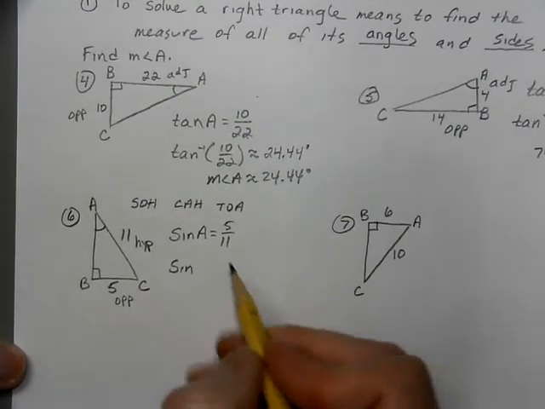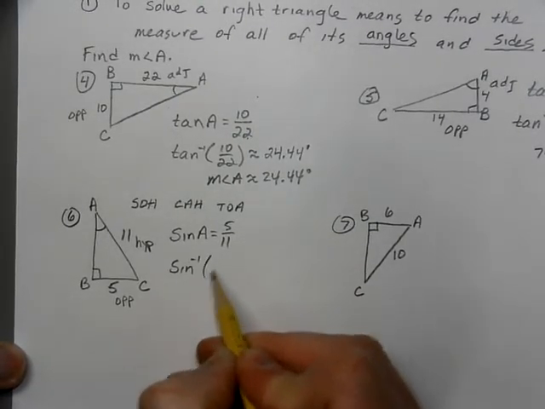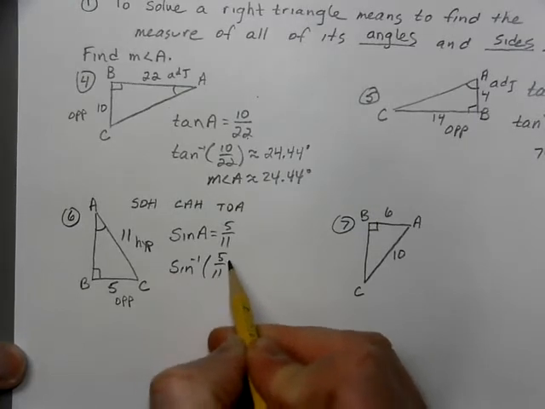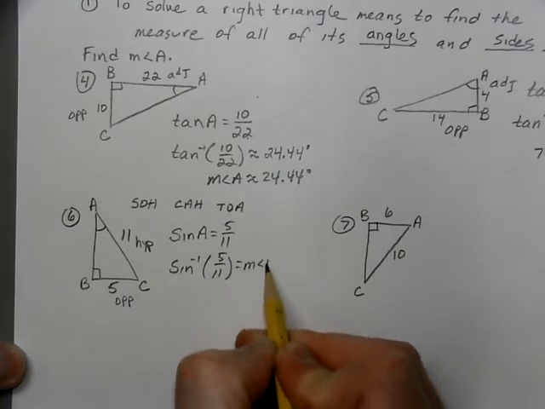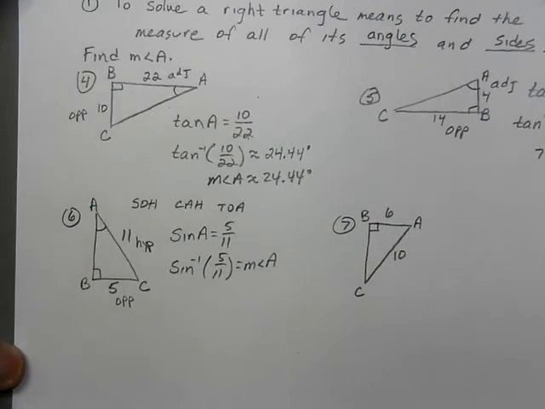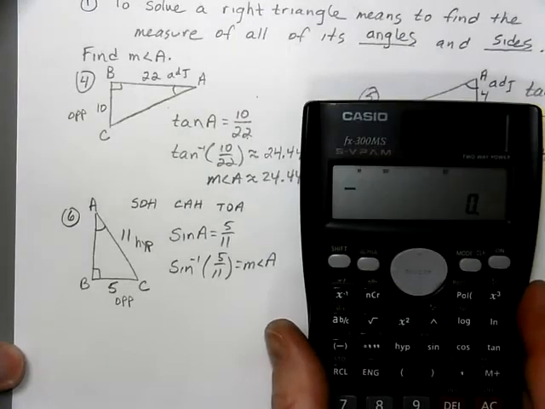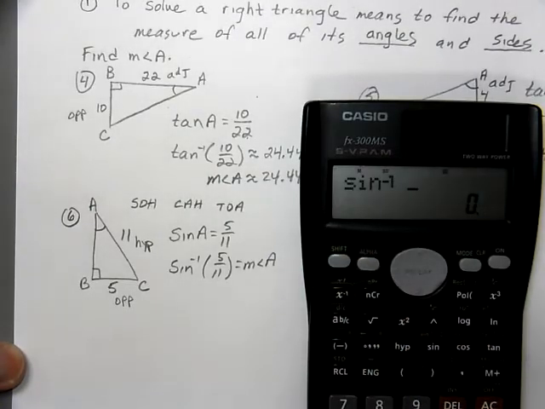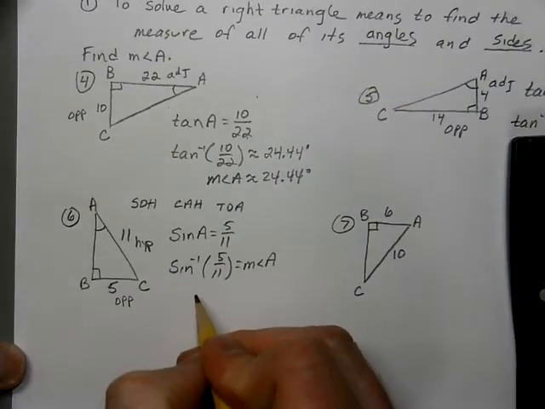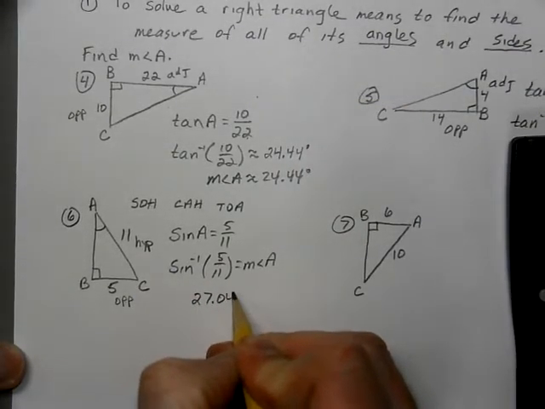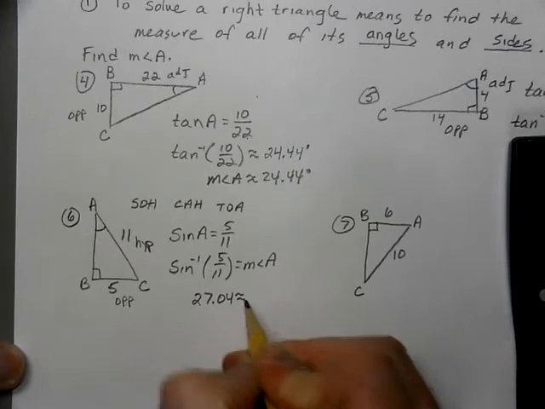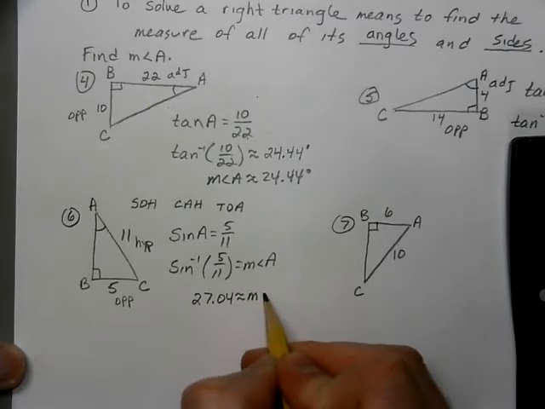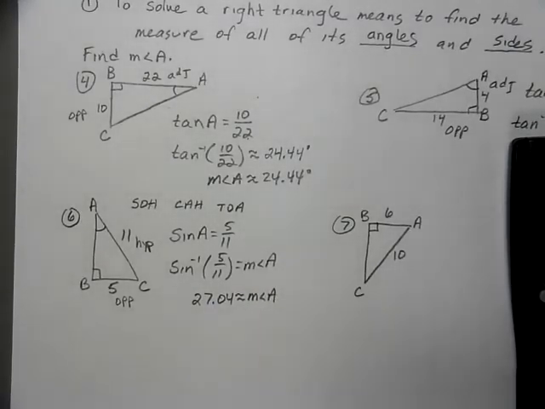We're going to calculate with sine inverse what the value of the measure of angle A is. And with our calculator, we'll say sine inverse of 5 divided by 11, and that comes out to be 27.04. That's an approximate value for angle A.